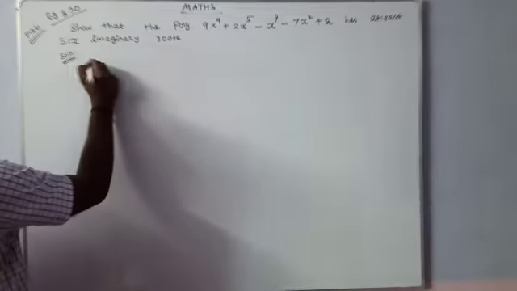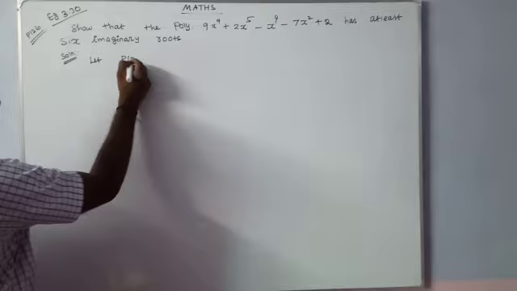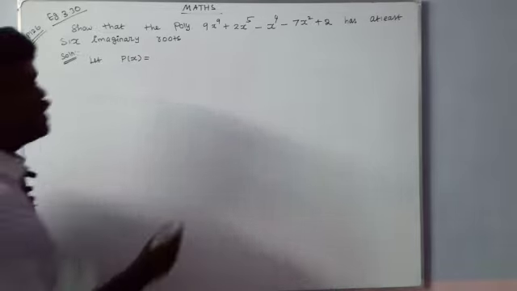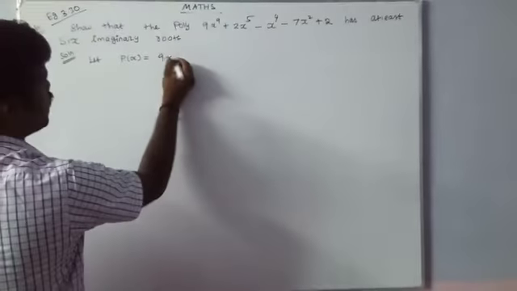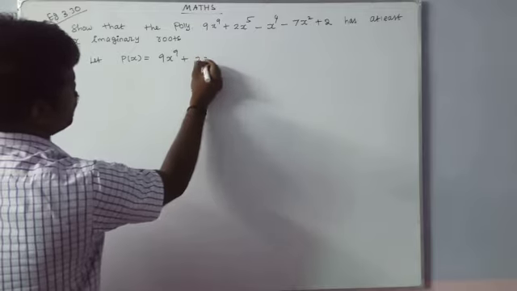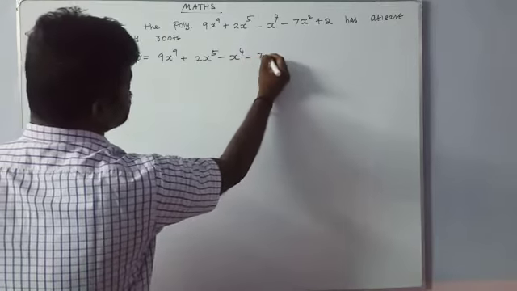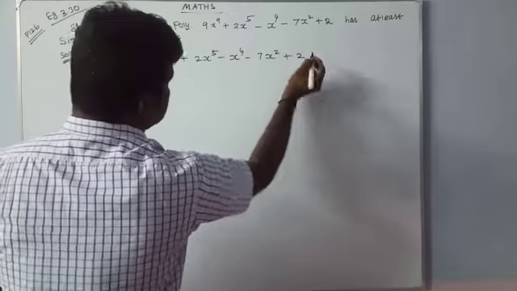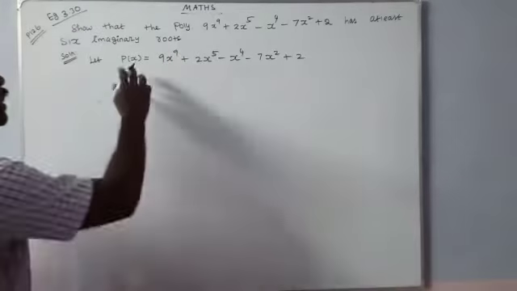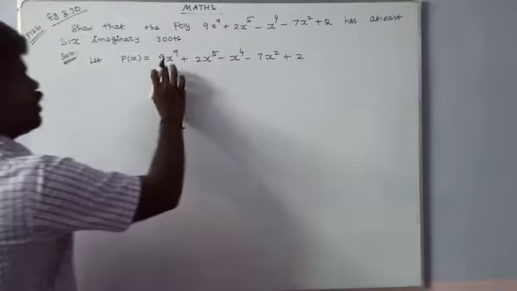First, let us take p of x as the given polynomial 9x power 9 plus 2x power 5 minus x power 4 minus 7x squared plus 2. Here, we want to know how many sign changes.